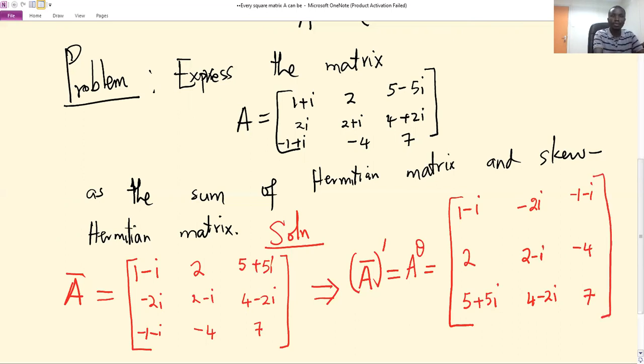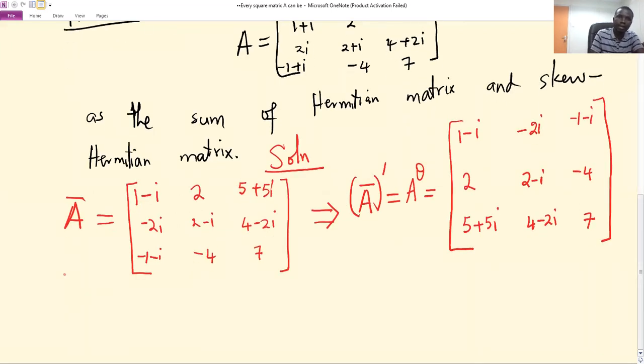So that is the transpose of the conjugate matrix.